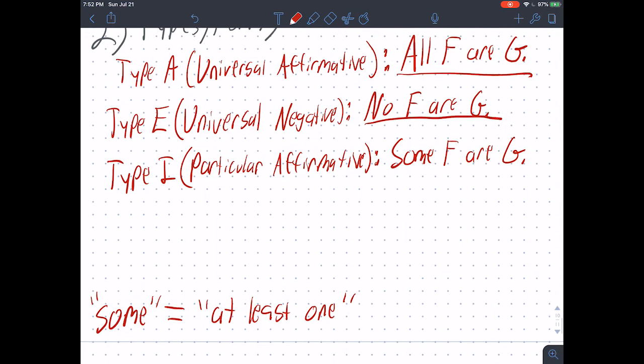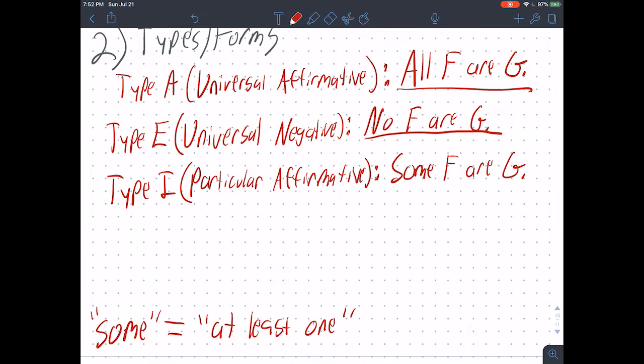So if you were to say the sentence, I don't know, some people are the president of the United States, in colloquial English, that might seem like you're saying it's more than one person, but in logic, some means at least one or more. And so that sentence would be true because there is at least one president of the United States right now, arguably.